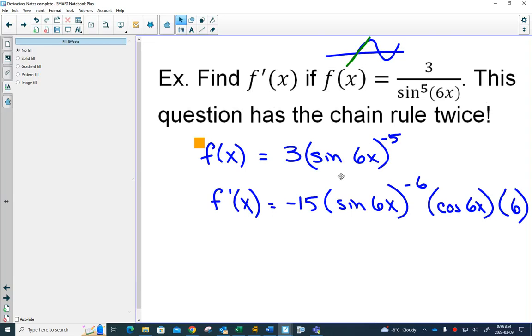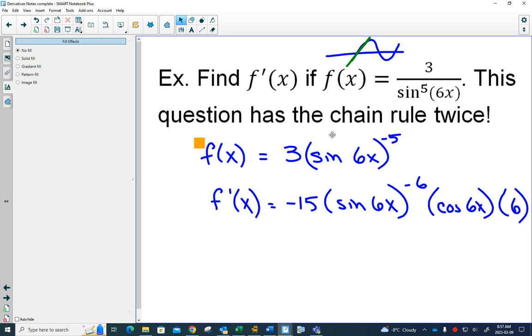I would change it to a -5 because I just have a number on front. If you did the quotient rule, perfectly fine. This one has a double chain rule because the sine is inside the -5 and the 6 is inside the sine. So if we walk it through, what do I do first?